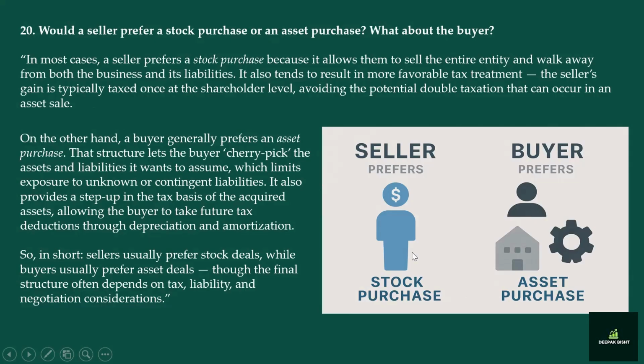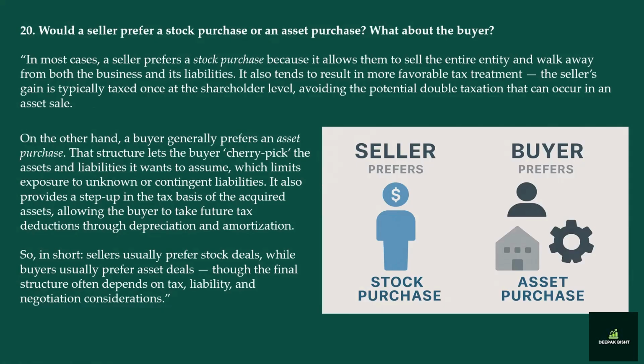A simple and cleaner exit means that in a stock purchase deal, the seller sells all the shares, meaning they transfer everything, the assets as well as the liabilities. And better for taxation means that when selling stock, the seller usually pays capital gains taxes only once on the profit they made from selling the shares.